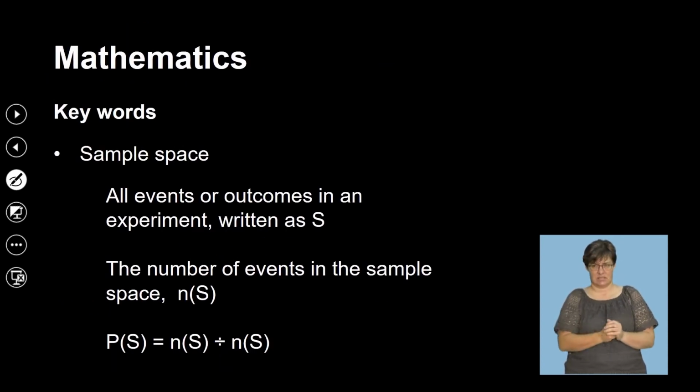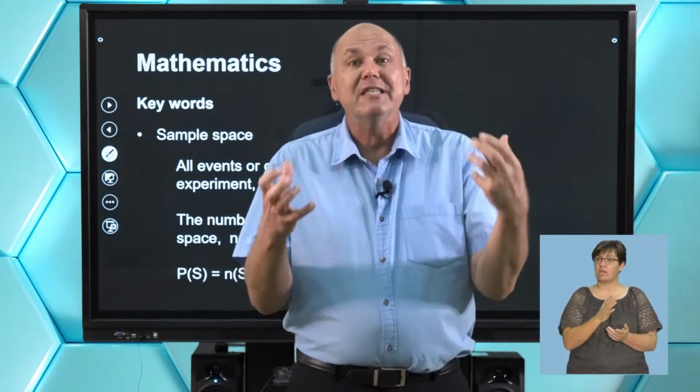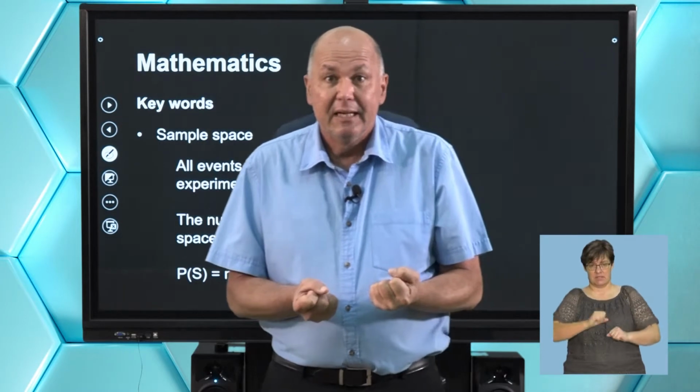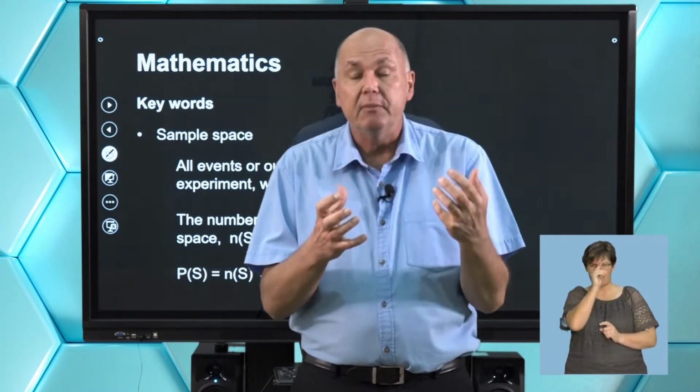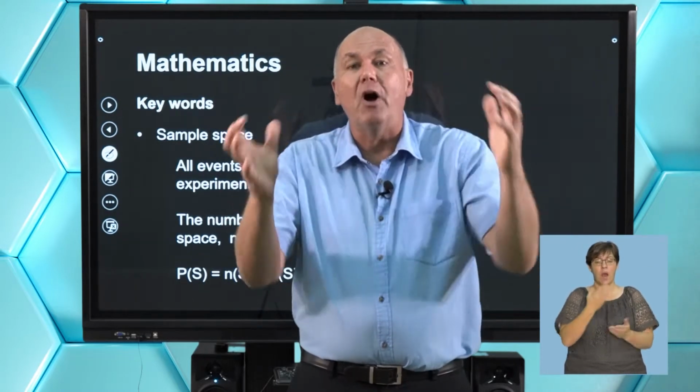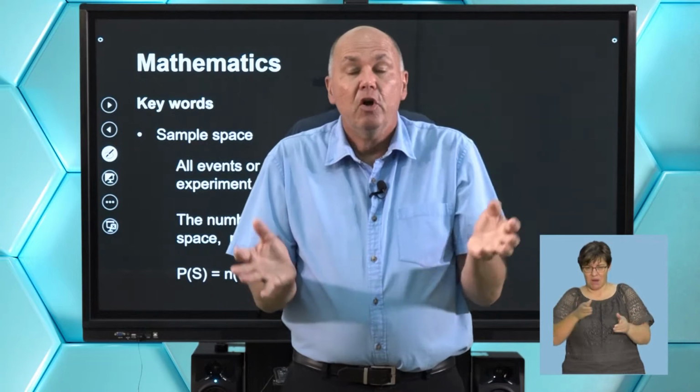So the first thing that I want to do is talk to you about what the sample space is. Now, remember that when we were speaking about calculating probability, we said we wanted to consider all the possibilities that there were for a particular event or for a particular scenario or experiment.